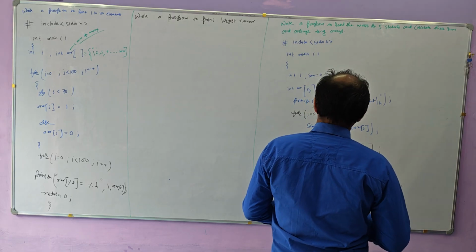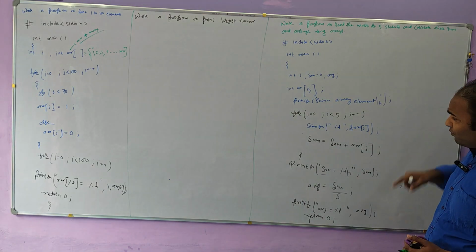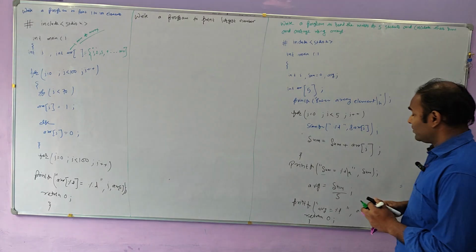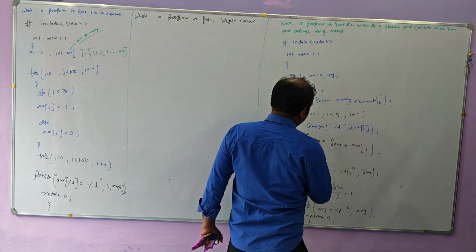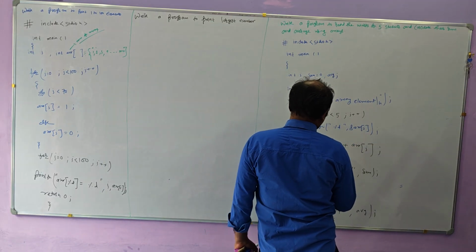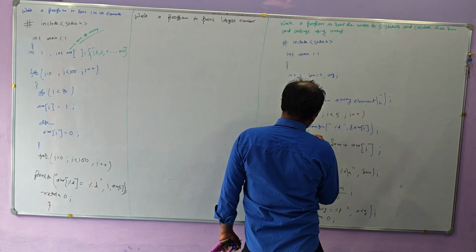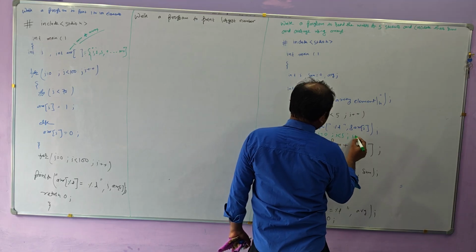And now this for loop is just going to take input. Now we need another for loop for accessing elements. Here we take input, and now we need another loop for accessing the elements. For I is equal to 0, I less than 5, I plus plus.